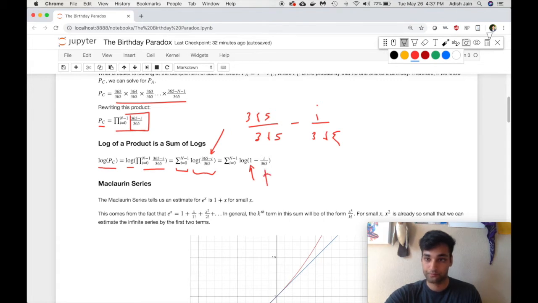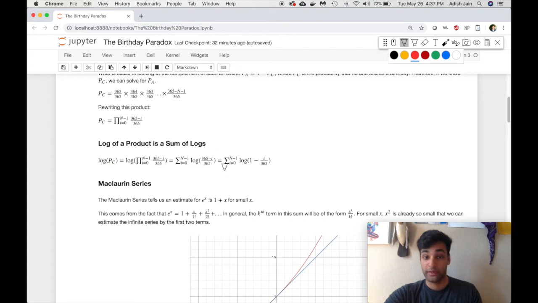Okay, cool. So what we've got now is basically a rewritten version of, not P of C, but log P of C, right? So we found a way to write log P of C in terms of these log terms. And the beautiful part is now we're not working with products, we're working with sums. And that's going to make things very nice for us, okay?